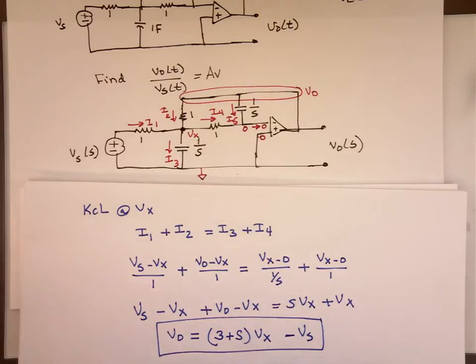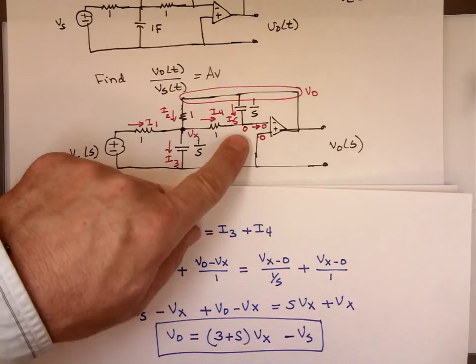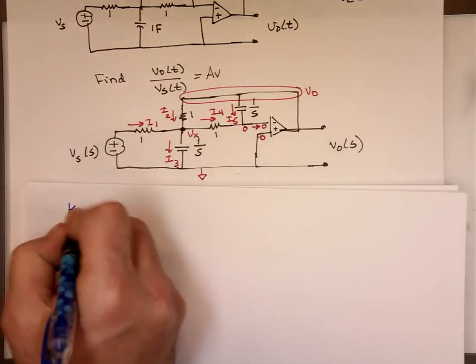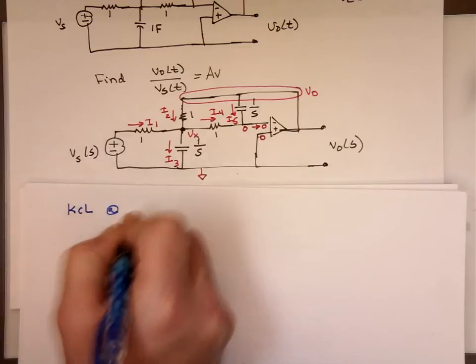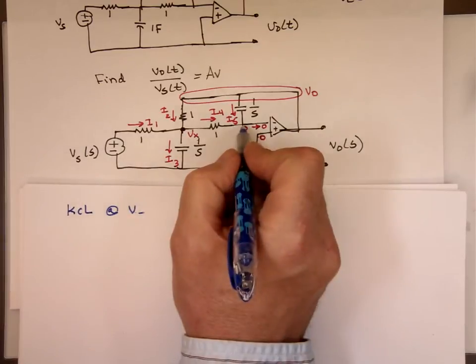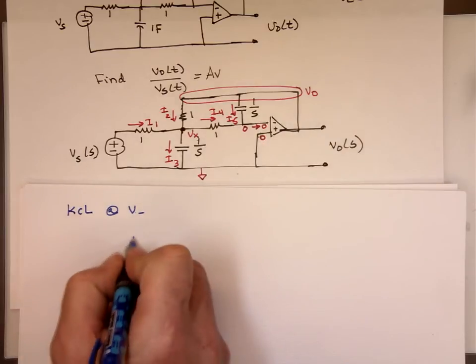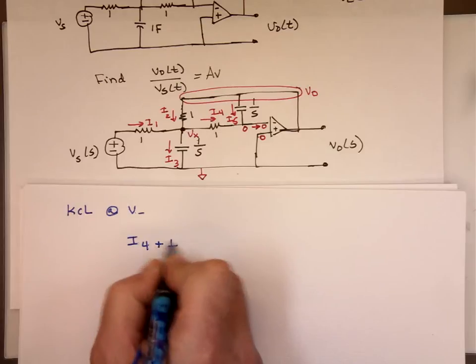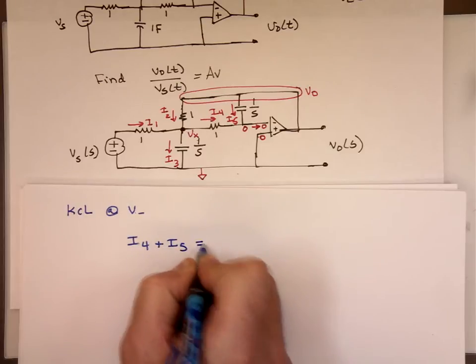Can we do KCL at this one? Yep. So KCL at V minus, that's this one right here, which is the 0. The current in equals the current out. What's going in is I sub 4 plus I sub 5. And what is leaving? The 0.